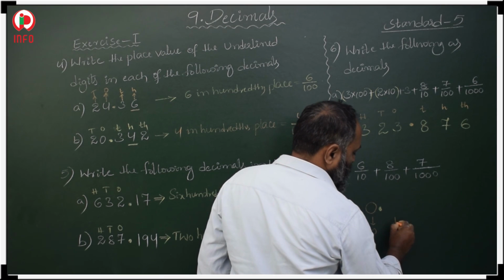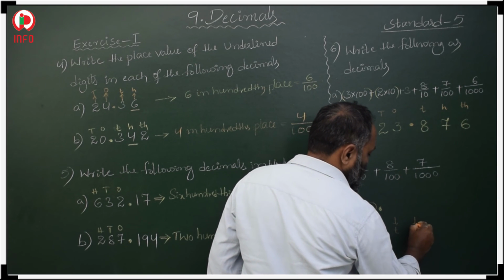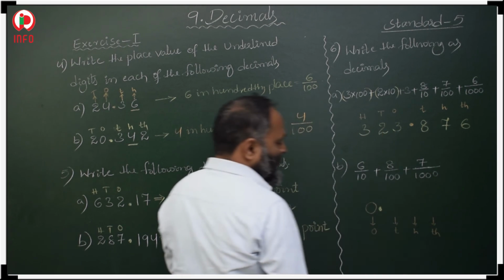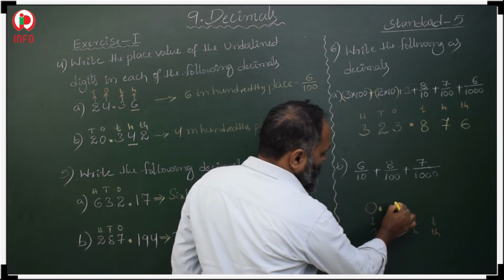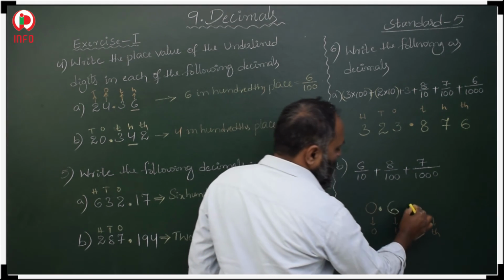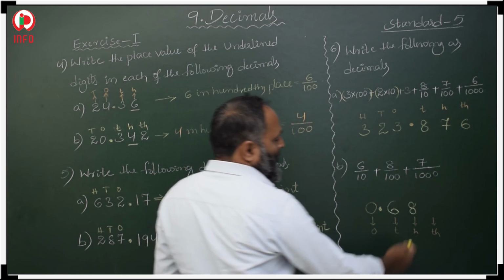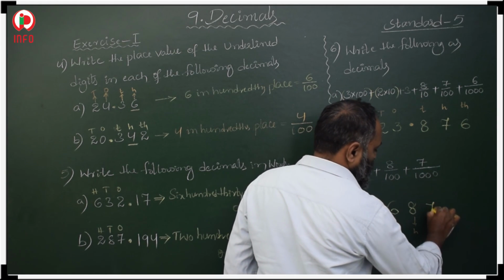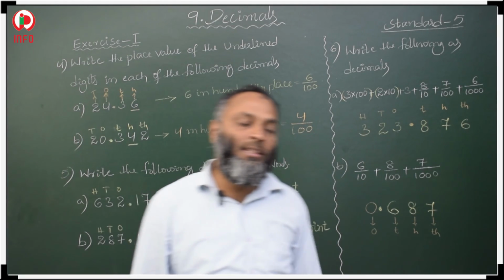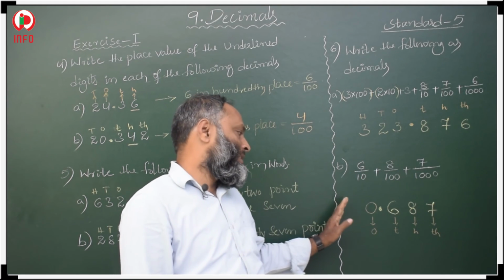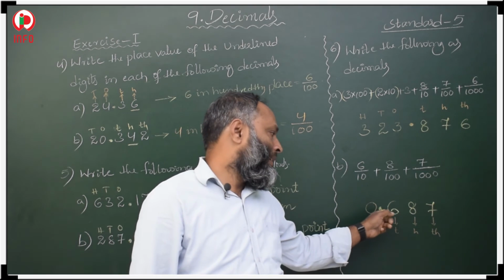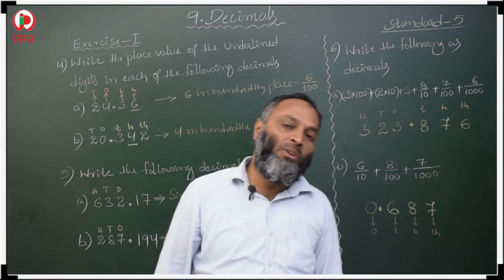Then after that tens place will come, then hundreds place, then thousands place. 6 is in tenths place, that is 6 by 10. 8 by 100 means 8 in hundredths place, and in thousandths place 7. So 0.687. This is the representation. Ones place, tens place, hundreds place were not given, so simply on the left side of the decimal point we take 0, that is enough. Okay.